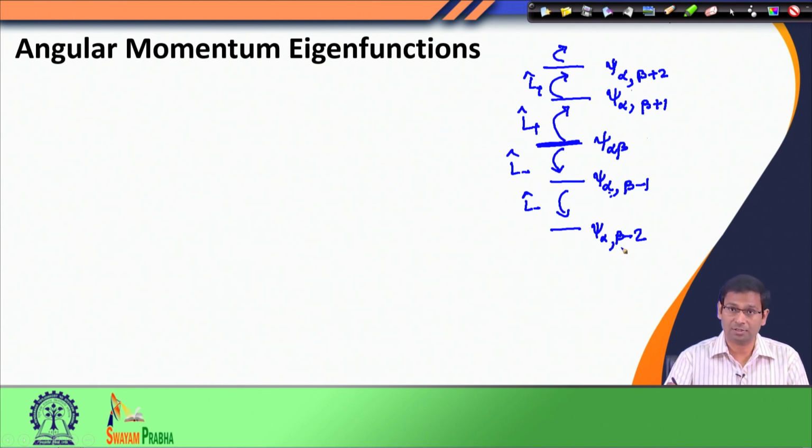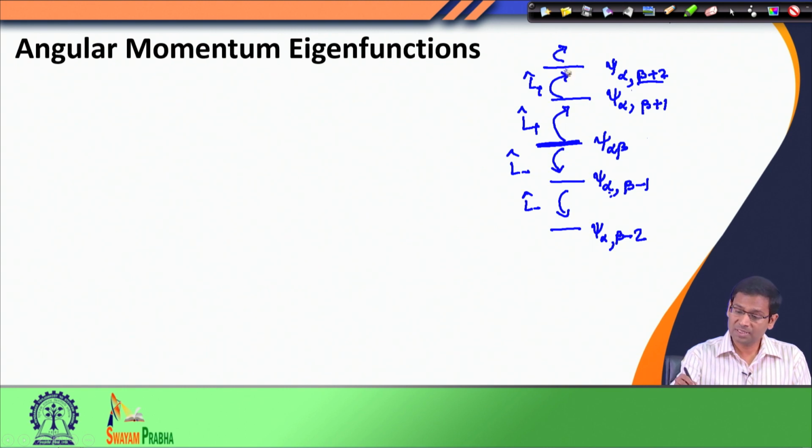But these functions are eigenfunctions of the Lz operator with different eigenvalues: beta plus 2 into h bar, beta plus 1 into h bar, beta into h bar, and so on. So, starting from one eigenfunction, I can create all other eigenfunctions of the L square and Lz operators together. Similar to our harmonic oscillator problem, we can define L plus or L minus as step up or step down, or creation and annihilation operators.